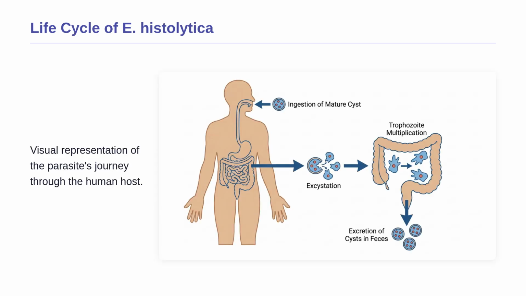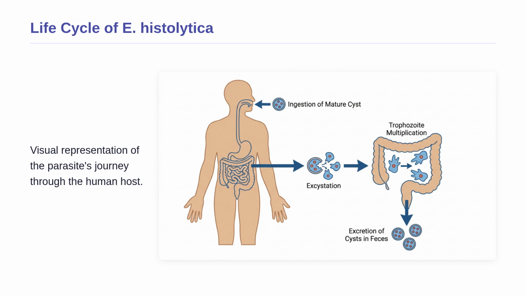To tie all of this together, let us examine the complete life cycle of the parasite shown in this diagram. Notice the human figure on the left. The cycle begins at the top with the ingestion of a mature cyst. Follow the arrows down into the digestive tract. In the small intestine, excystation occurs, releasing the parasites.